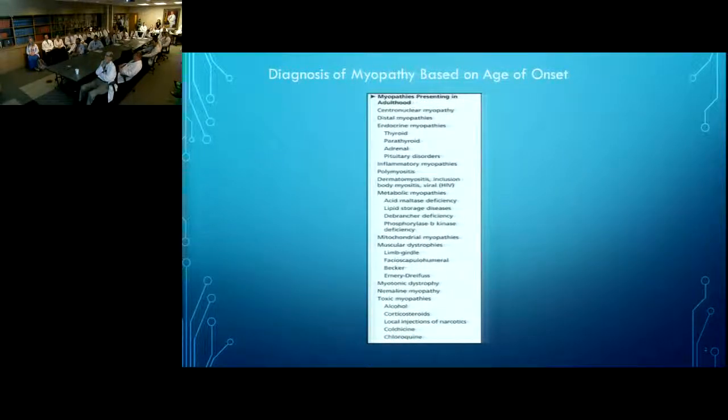If it's a very slowly progressive course, then you'll consider inherited forms and muscular dystrophies. If there's not much progression over decades, then you may consider even the congenital myopathies presenting in early adulthood as the potential etiology of the CK elevation.